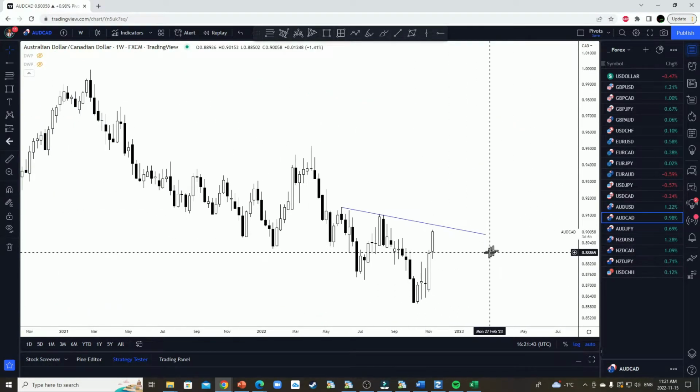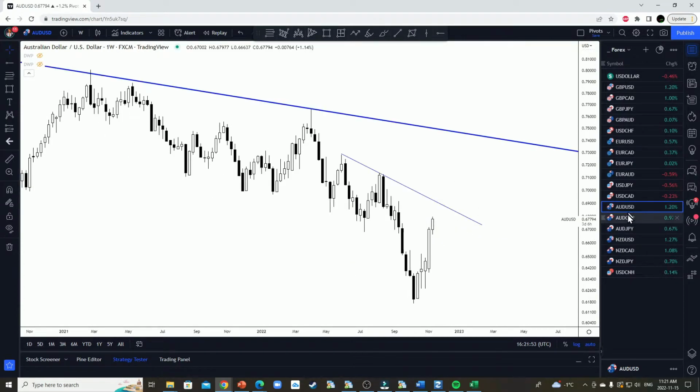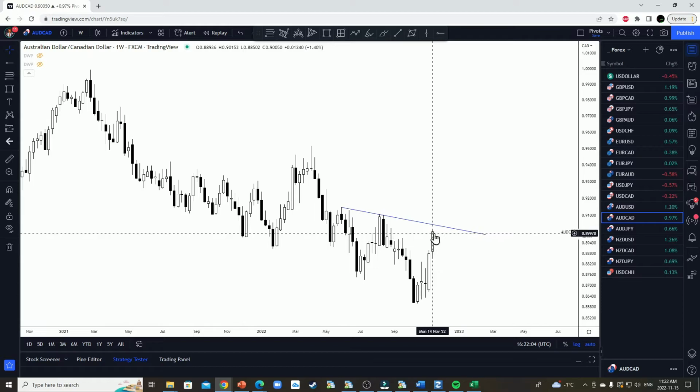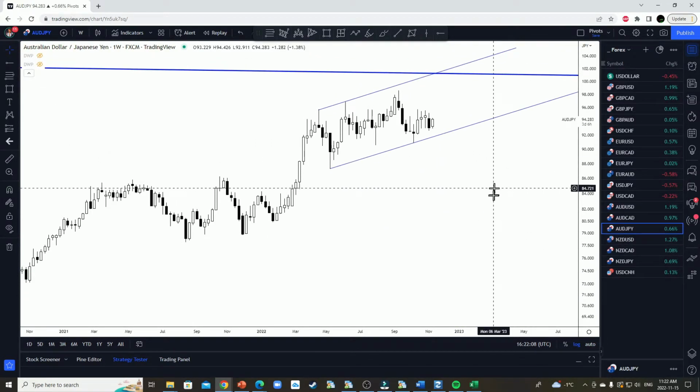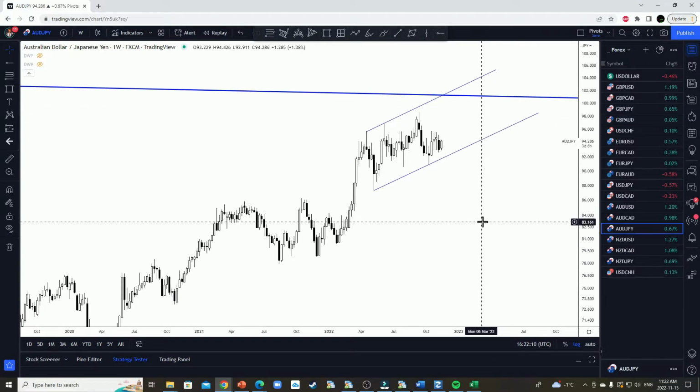But the thing is, if you do some intermarket analysis, you can notice a bunch of trend lines on various pairs that have the same currency within it. So in this case, it's the Australian dollar. So what I think is happening here is that the Australian US is heading towards this trend line. The Australian Canadian is heading to that trend line, and the Australian yen is acting a bit on its own here.